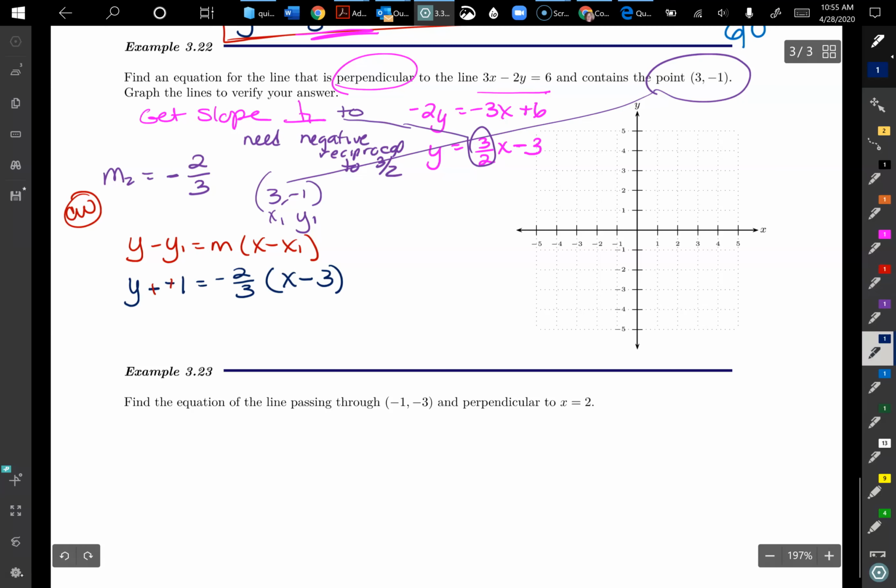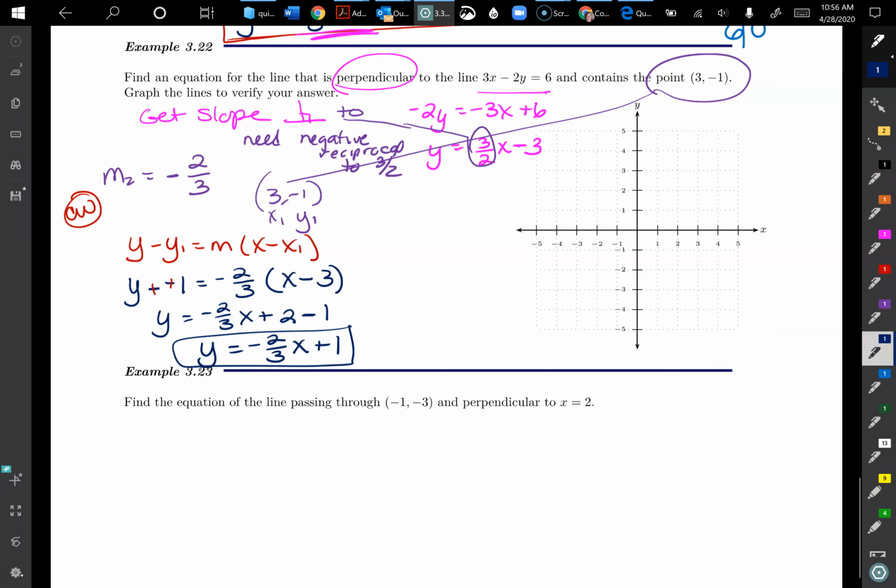So then my next line is y equals -2/3 x plus 2. And then I'm subtracting 1. So I end up with y equals -2/3 x plus 1 as my line that is perpendicular.